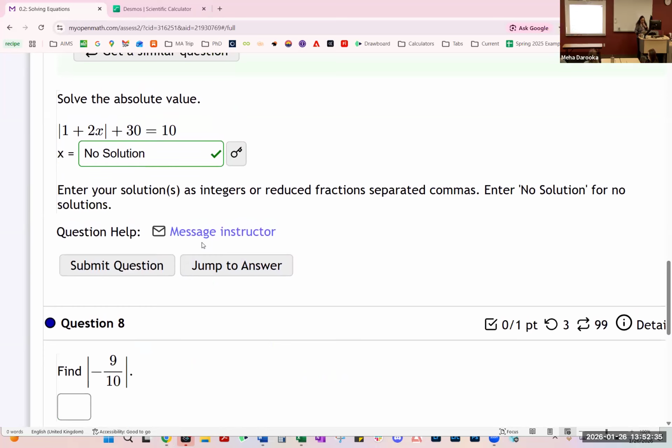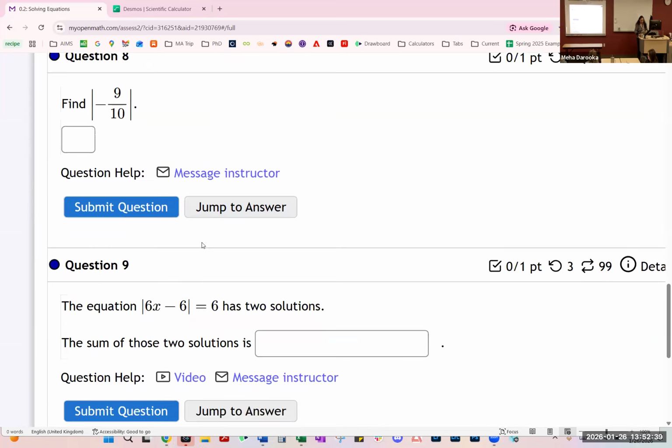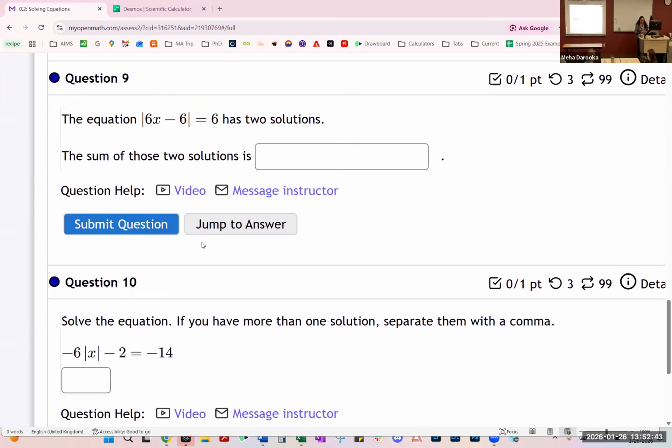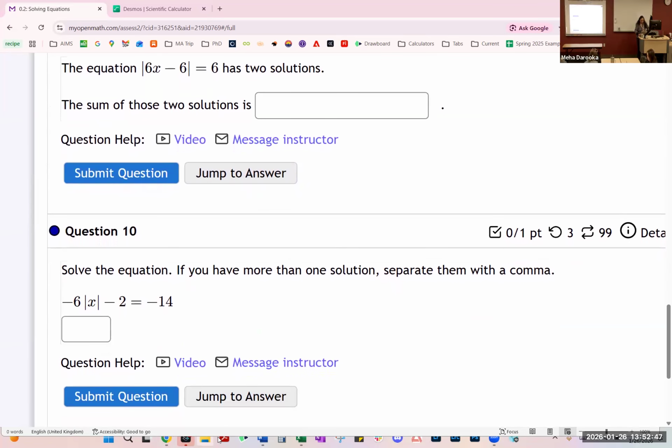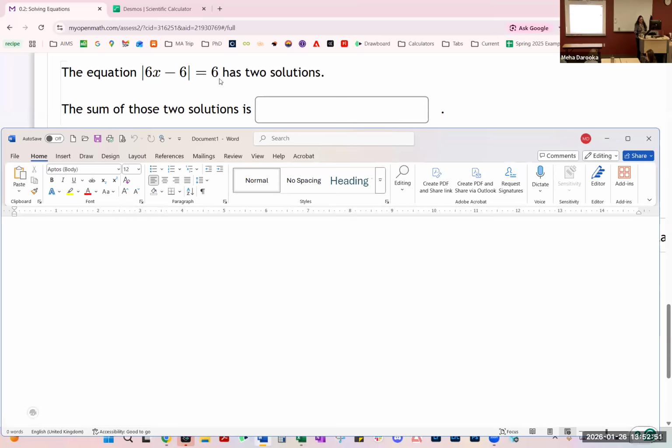Let's take a look here. So this is of course just asking you to evaluate the absolute value. They say this one has two solutions, so let's check it out.